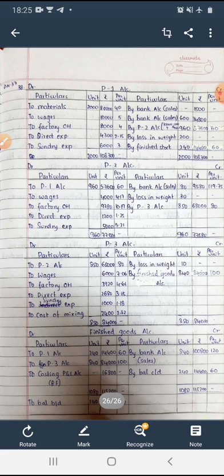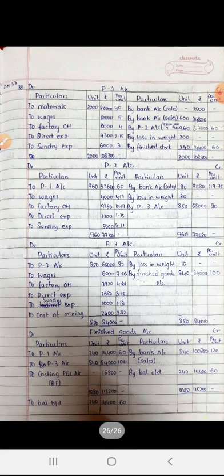For loss in weight there is no amount, only the weight. 72,000 for how many units? 1200. Total units 1200 including finished stock and P2. Now for 960, you get 57,600 and the remaining is for the finished stock.